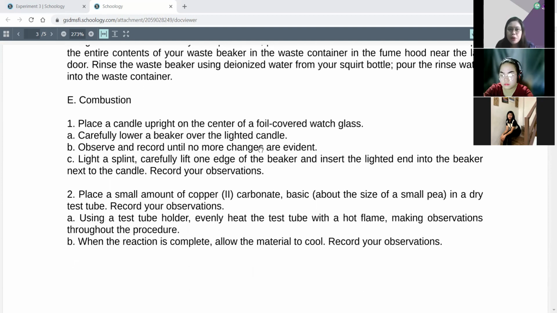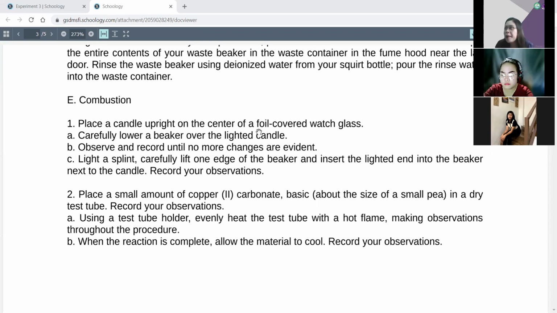Remember combustion reaction, we have the fuel, and then we have the source of oxygen yielding carbon dioxide and water. So in the combustion reaction, we have here a candle to be placed upright in the center and to be covered with a foil-covered watch glass. And then we will be igniting the candle.